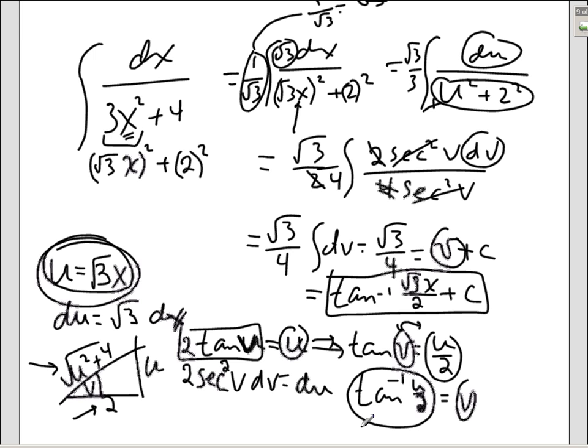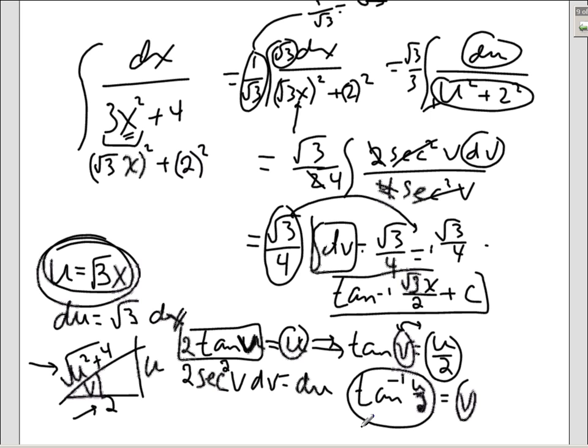I have one silly thing: let's put this constant, and sorry about that. The constant goes in front, the square root of 3 over 4 or so, and then I get the arctangent of v, which is u over 2.